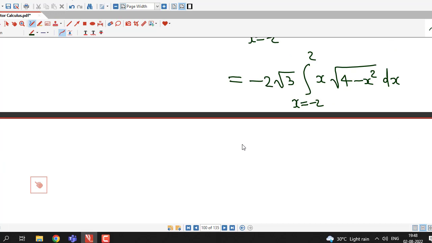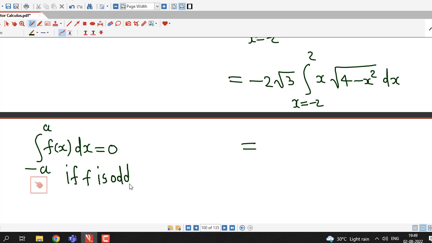And if you observe, we have this type of integral here, integral from minus a to a of f(x) dx, and we know that if we have limits which are negative of each other, and if our function is odd, then the value of the integral is 0.